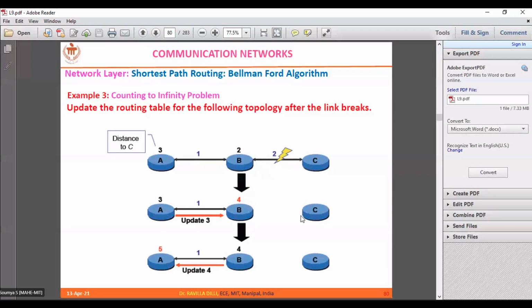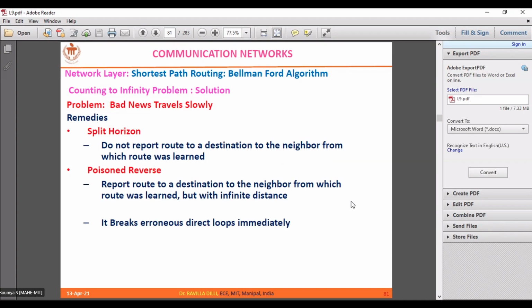So this is one more example. Update the routing table for the following topology after the link breaks. This is an example that you can solve. Here there is a break in the link between B and C. Then what happens? How is the routing table going to be updated? That is what you have to find out.